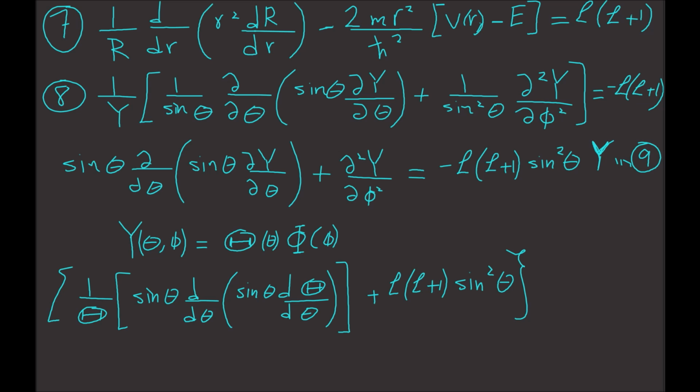So this is the first piece, plus 1 divided by Phi, this is big Phi, times the second derivative of Phi with respect to phi. This equals 0. Let's call this equation number 10.